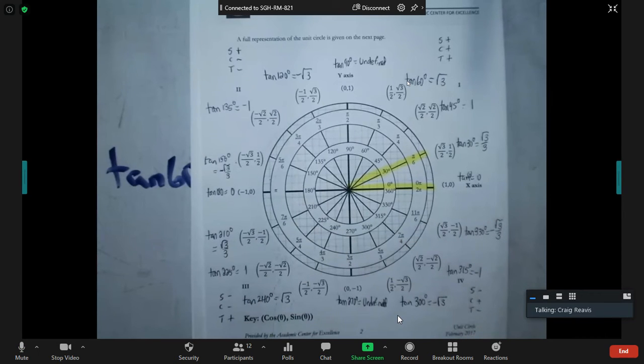All right? And if you are just worried about the positive and negative values of each of those, there is a little saying called all students take calculus. All students take calculus as you go around quadrants 1, 2, 3, and 4. What's that mean? All means they're all positive.